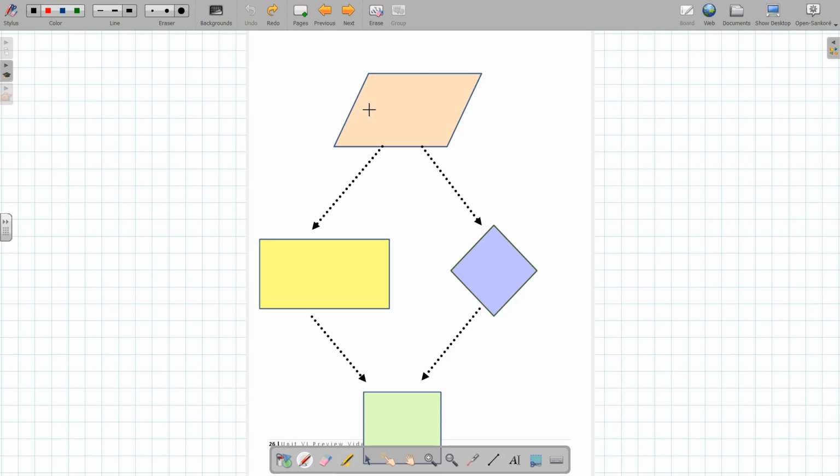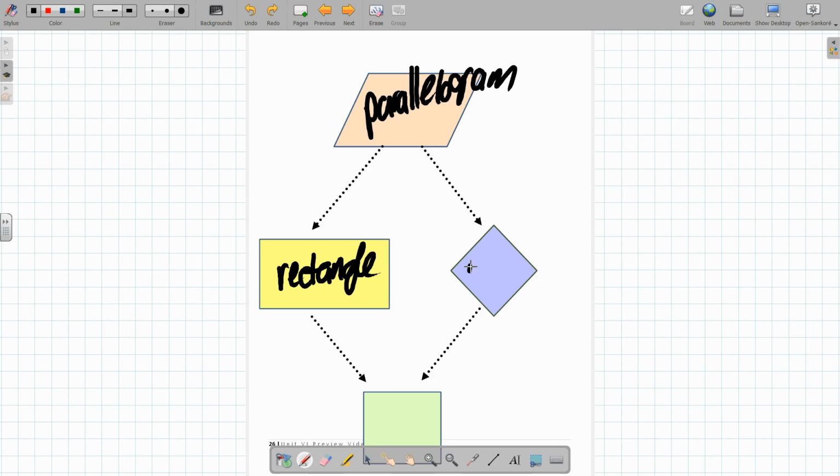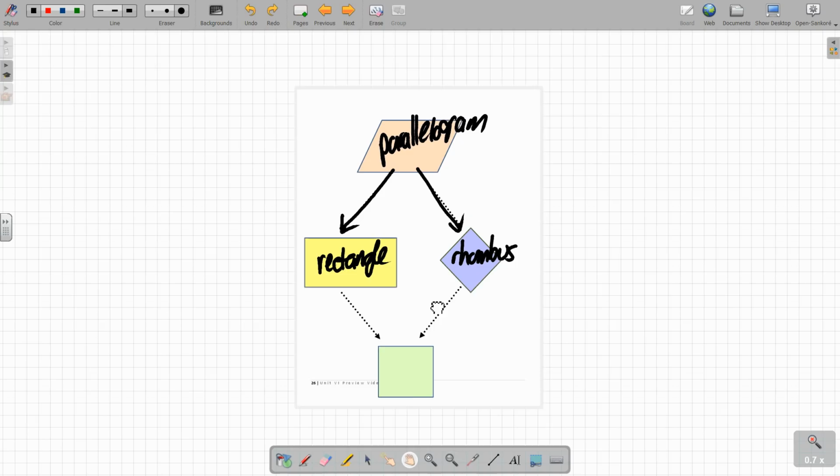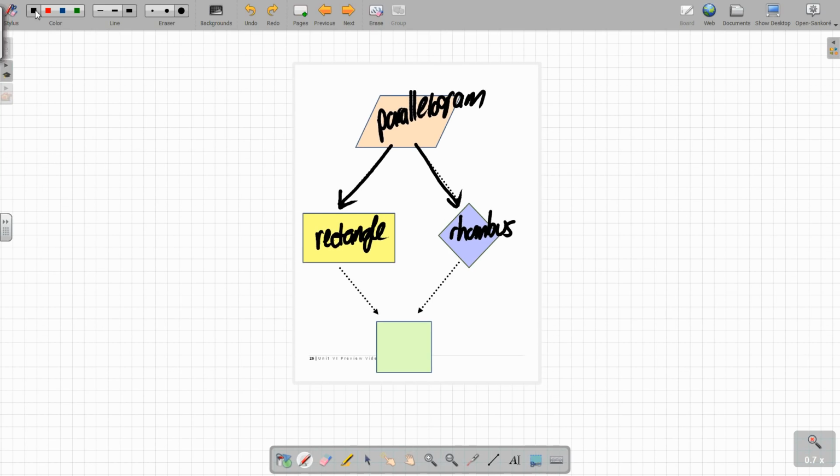So here's the parallelogram. Here are the qualities of the rectangle, rhombus. So both a rectangle and a rhombus are a type of a parallelogram. Now, if you think about it, if a rectangle and a rhombus get married and have a kid, their kid's going to be a square.